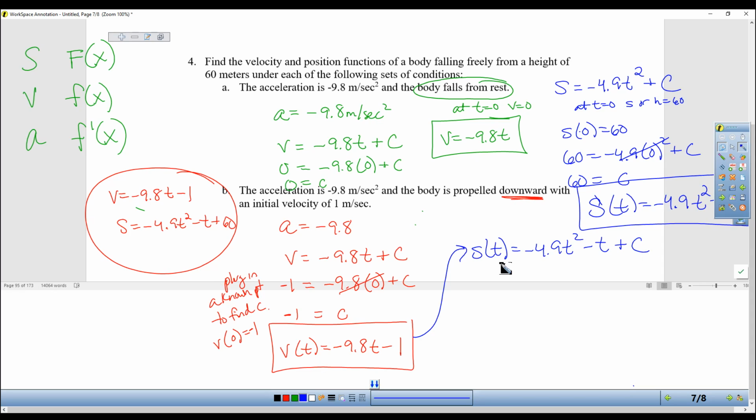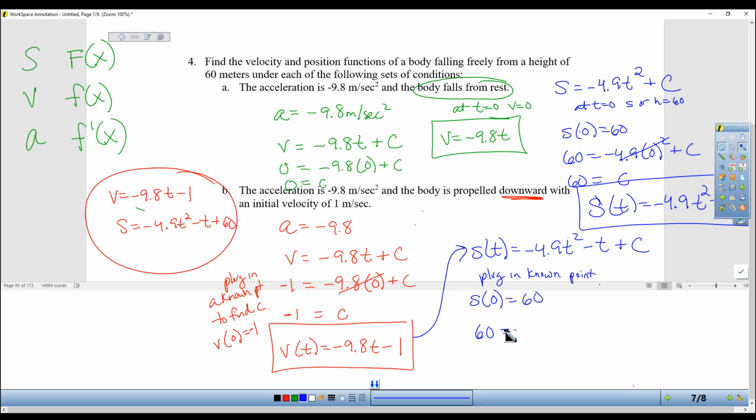So now, again, we're going to plug in a known point. Is there any point that we know? Yes, remember, part B is still part of the original equation. So it says that it's falling from a height of 60 meters. So we know that S of 0, at time 0, it was 60 meters high.